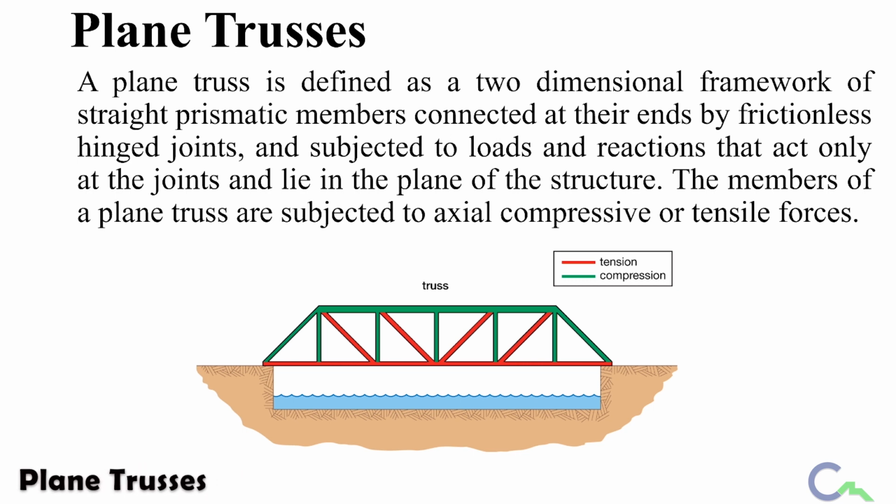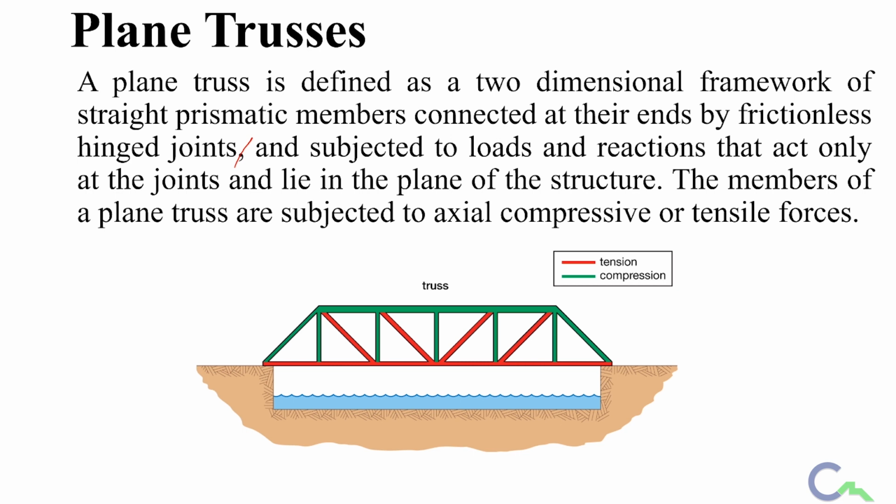A plane truss is defined as a two-dimensional framework of straight prismatic members connected at their ends by frictionless hinged joints. That means these are a combination of different members which are connected by hinged joints.